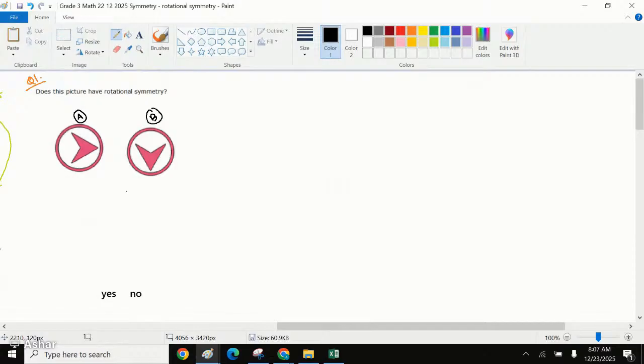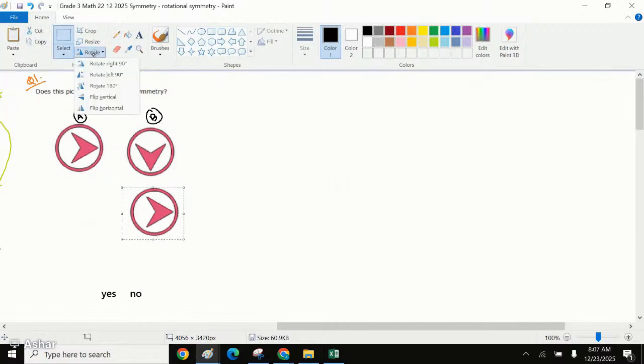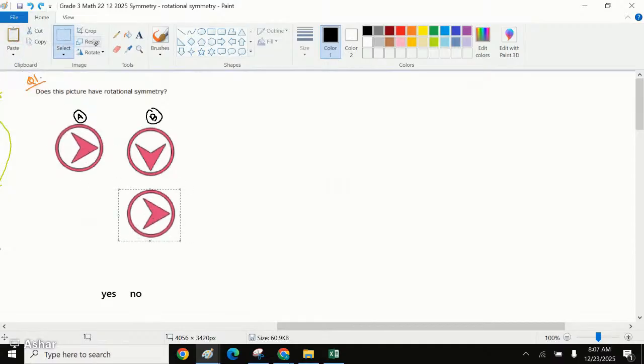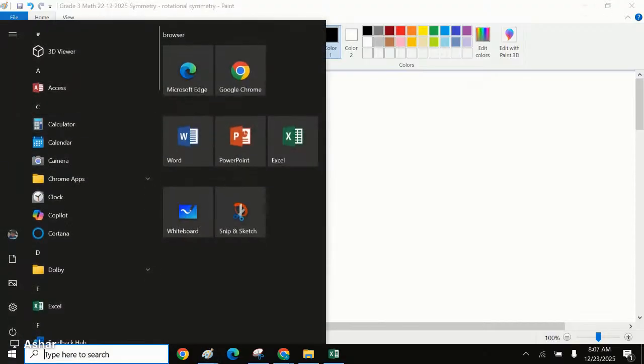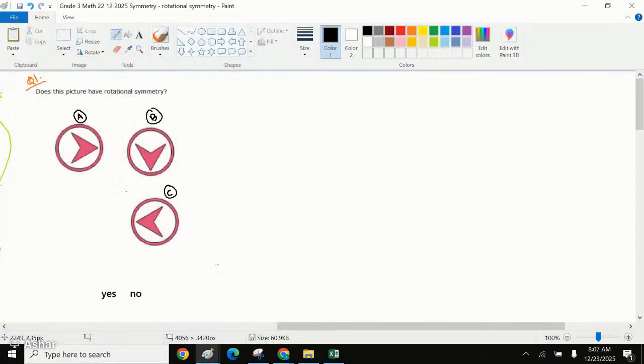So we need to see that after turning this shape, will it still look like the original shape? Or if we have this shape and we rotate it, and let me paste one more, and if in shape C I do this, does it still look like the original shape that was shape A? Is shape C in the same direction as shape A?